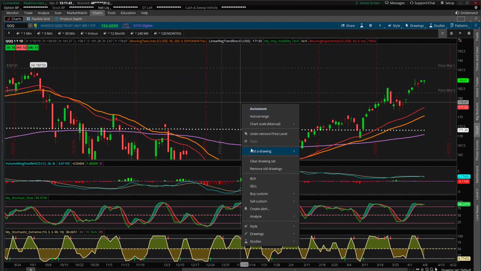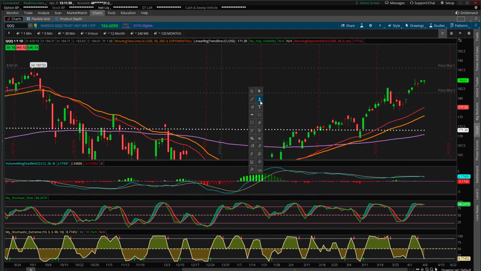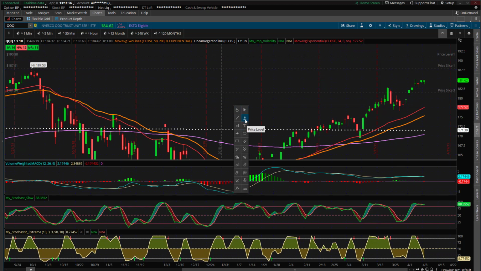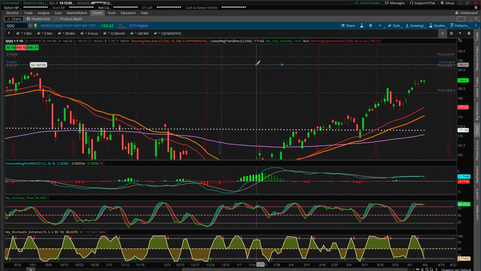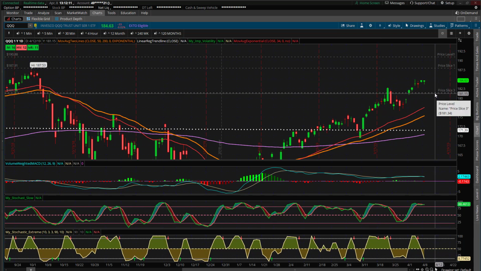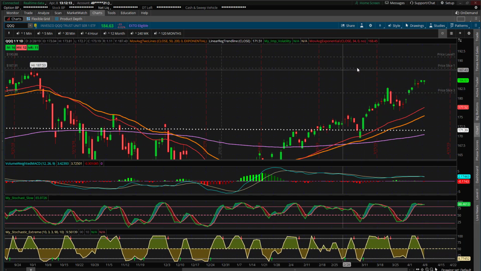But if I go in and I set my drawing tool, let's go to the drawing tools and draw a line. So this is the tool, price level, that is going to be used when price slices are applied to your chart. You can see that I drew a line right here, price level 1, which is different than price slice 1, price slice 3.